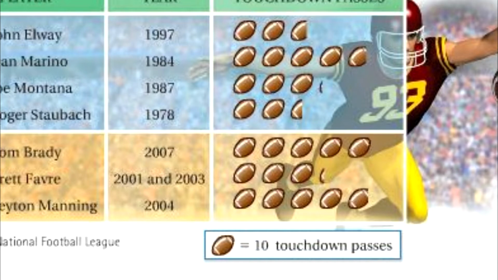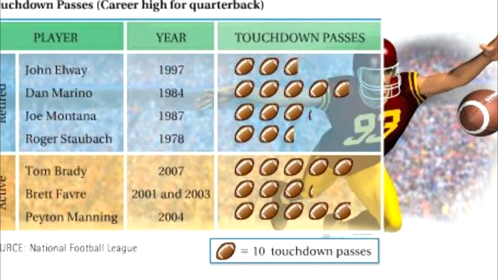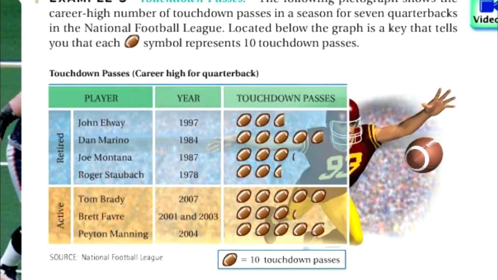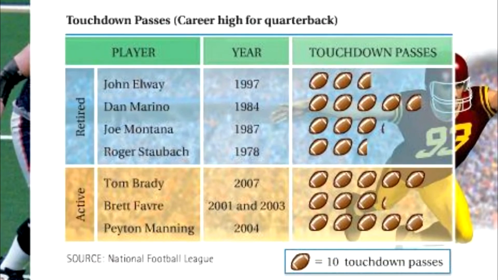The key is the little football represents, in this particular one, 10 touchdowns. So if I was to ask you which quarterback had the most touchdown passes, you should probably tell me Tom Brady, and then you should tell me how many? 50. He had 50 touchdown passes in 2007. Okay? Very good.